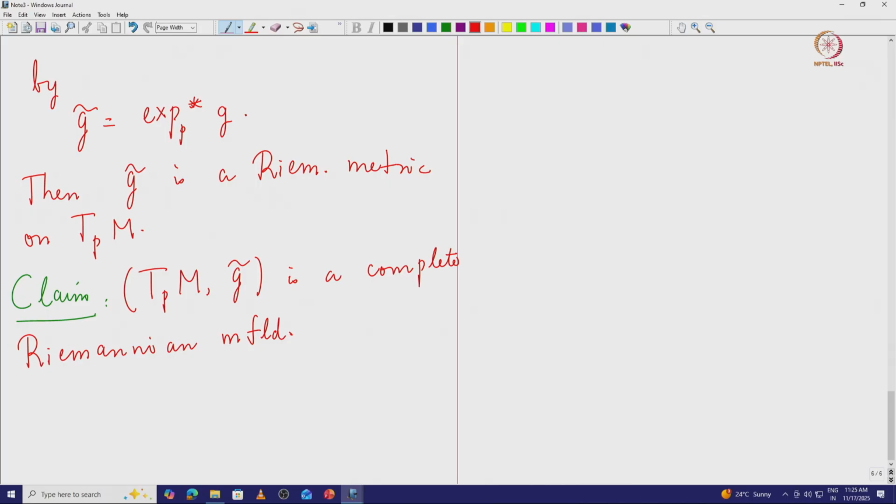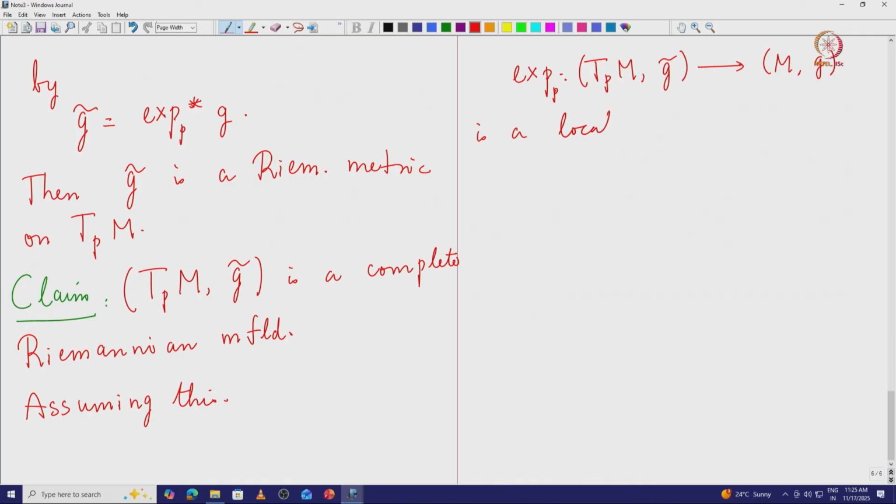Why? Because assuming this, if you look at the exponential map now, by definition this is a local isometry, by how we have defined G tilde.